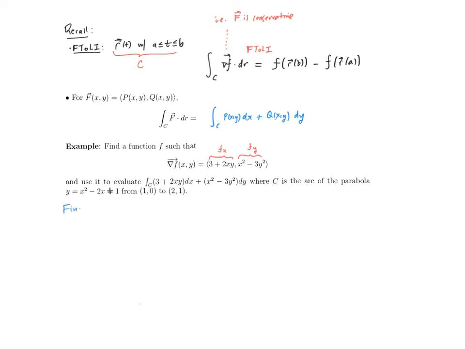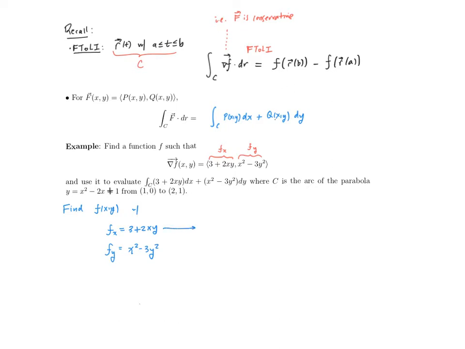So what we are being asked is to find a function f of x, y, with the partial of f with respect to x equal to 3 plus 2xy, and the partial with respect to y equal to x squared minus 3y squared. In order to find a function f which satisfies both of these equations, we need to undo these partial derivatives and match up our two possibilities.